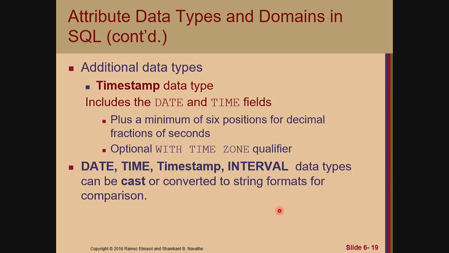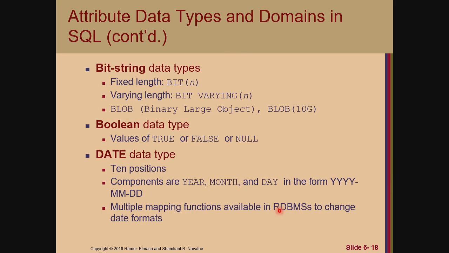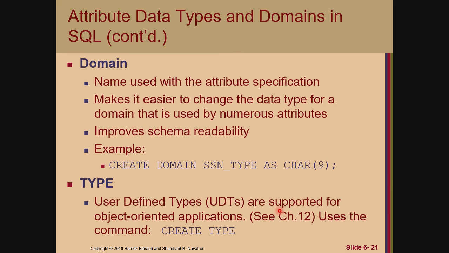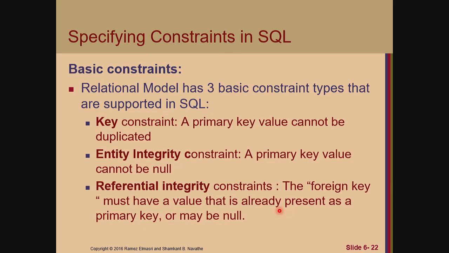This one is just the option when you create the table, that you have to know the data type and what kind of data type you can use, and also the domain of the data. If you have a specific domain of the data, you can set up the domain before you create the table. And when you create the table, you can use the domain that you already defined. And also we have to be concerned about the constraints of the table.